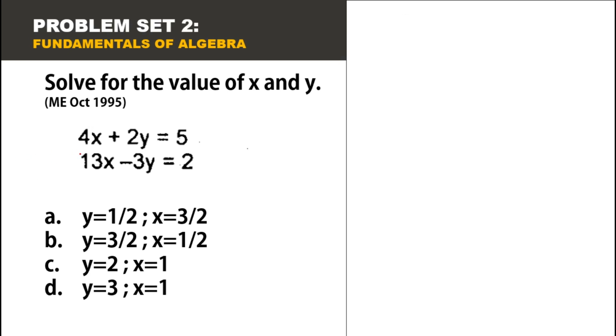For the second equation, multiply by 2 and for the first, multiply by 3 in order to make the y terms 6y.